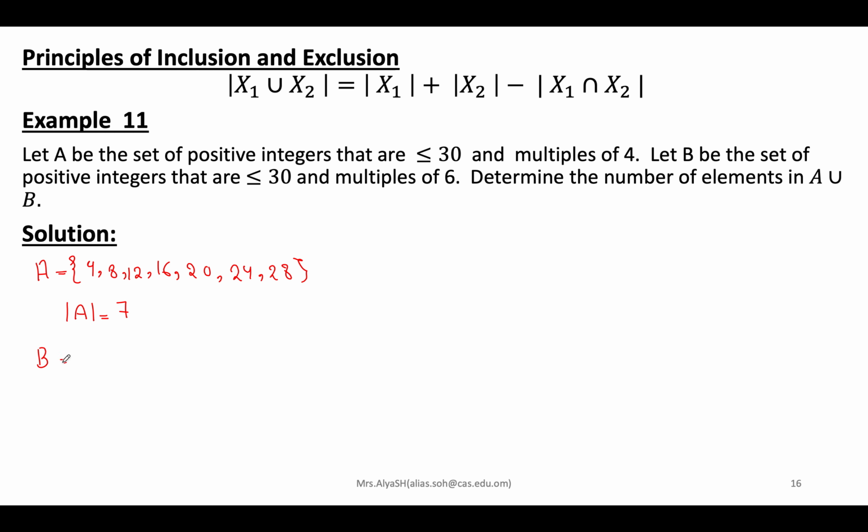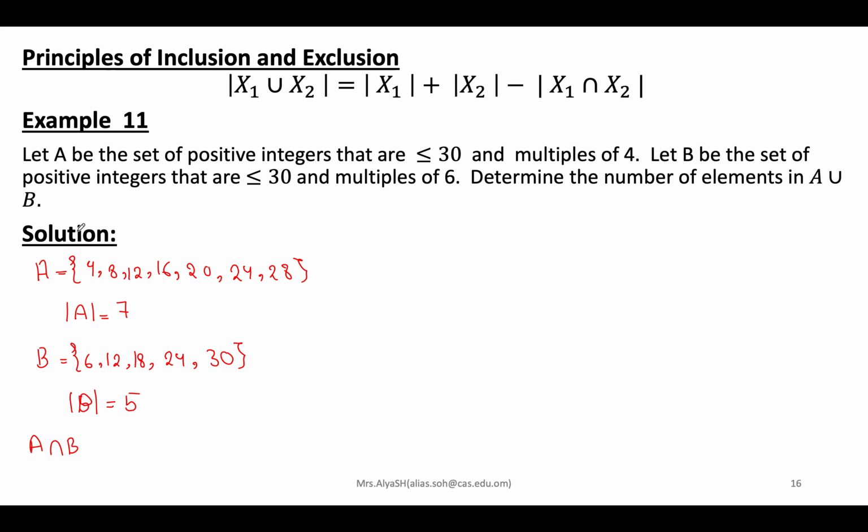Then B is all the integers less than or equal to 30 and multiples of 6. We got them as 6, 12, 18, 24, and 30. So the number of elements in B is 5.